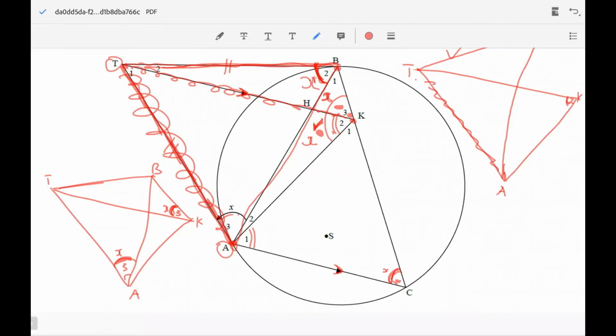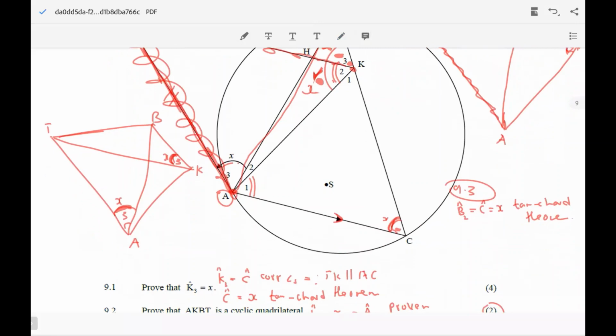So I'll use the space here for 9.3. B2 equals angle C equal to X, and that's according to the tan-chord theorem. But then also we analyze that K2 equals B2, angles in the same segment.